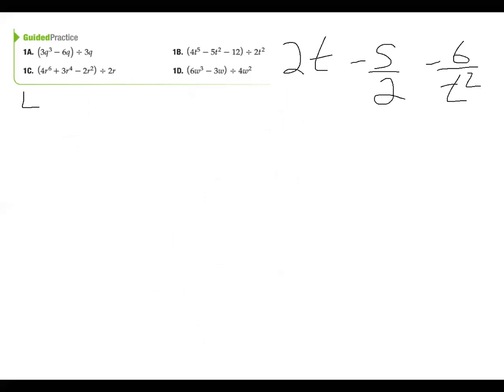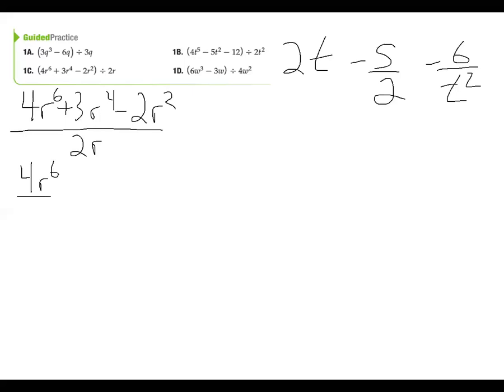1c, you're going to have 4r to the 6th plus 3r to the 4th minus 2r squared all over 2r. So you think of that as 4r to the 6th over 2r plus 3r to the 4th over 2r minus 2r squared over 4. Here, a common factor of 2 cancels, excuse me.